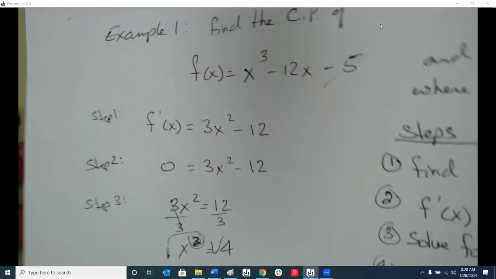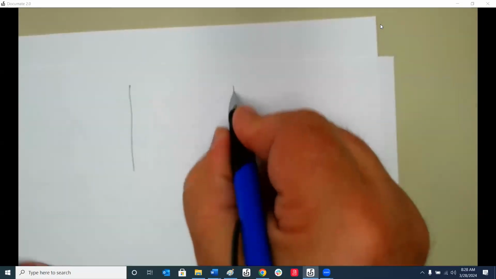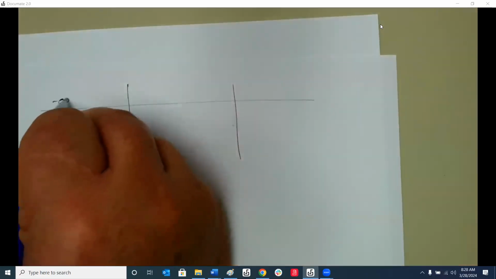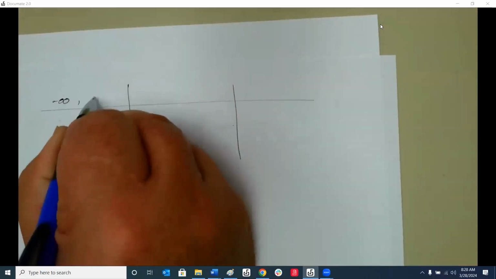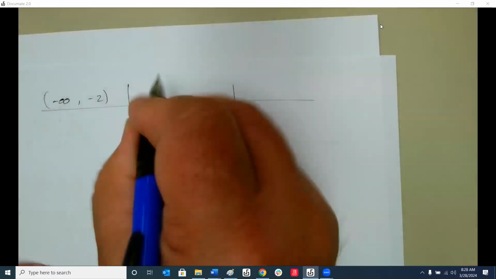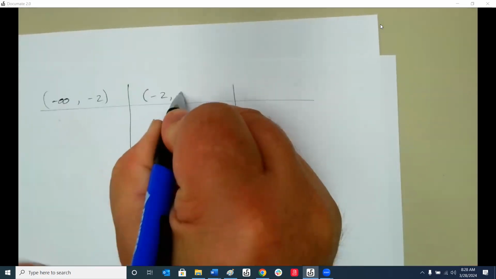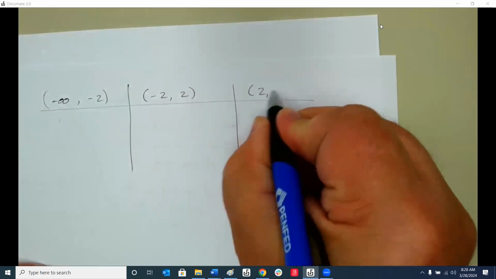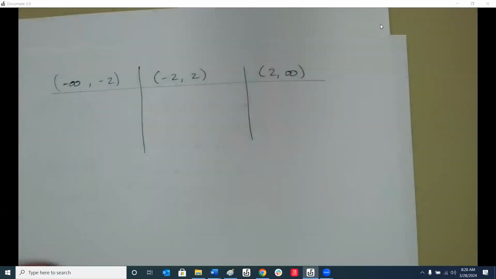All right, so our intervals are from negative infinity to -2, between -2 and 2, and from 2 to positive infinity.